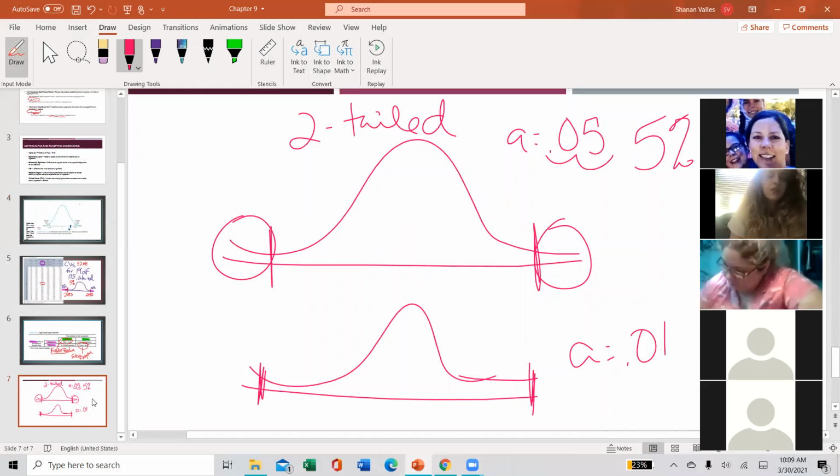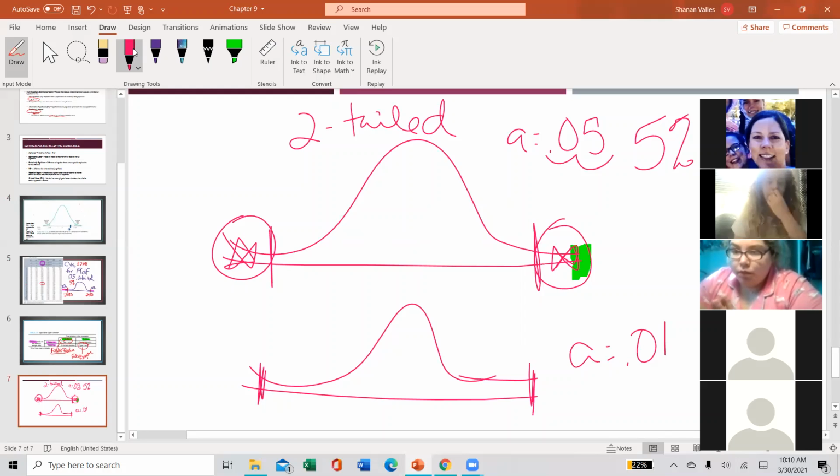And maybe to tie it back to something more visual, more tangible, where is Einstein on this? Remember that? He's very far out there. He's not very common. It's not very likely that we have an Einstein walking around. So we know that getting a value way out here in our rejection region is very unlikely. It's not probable. Does that make sense?